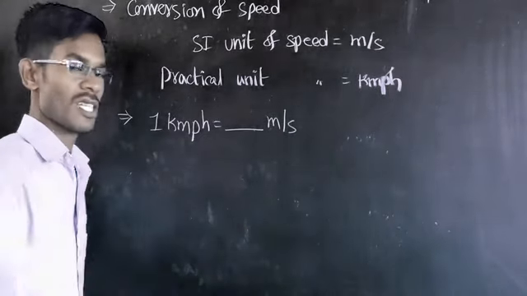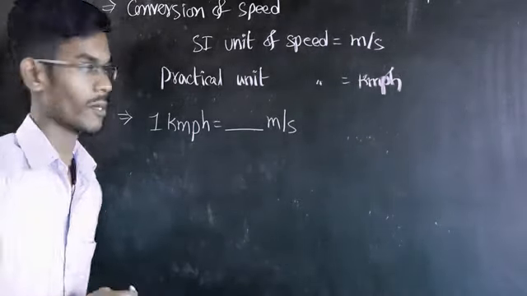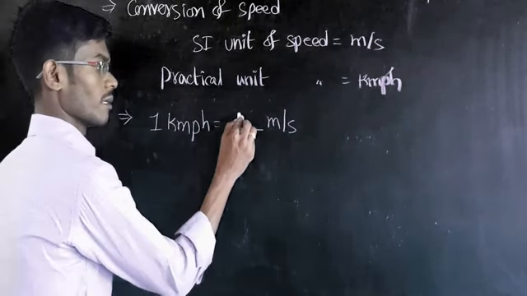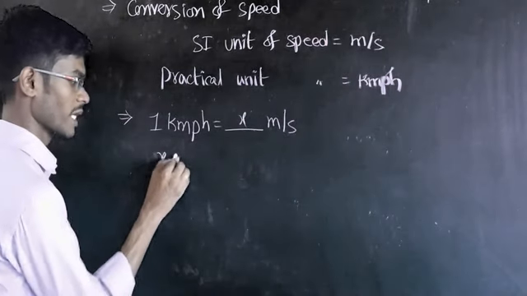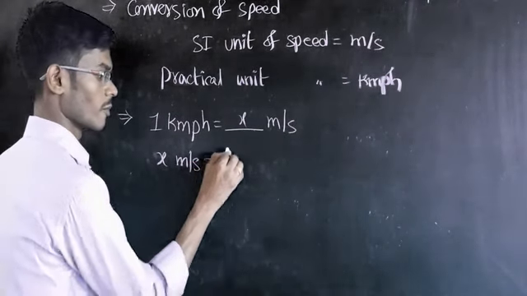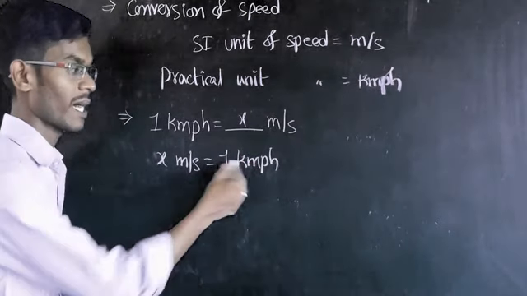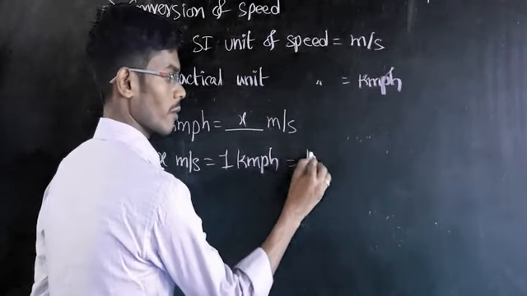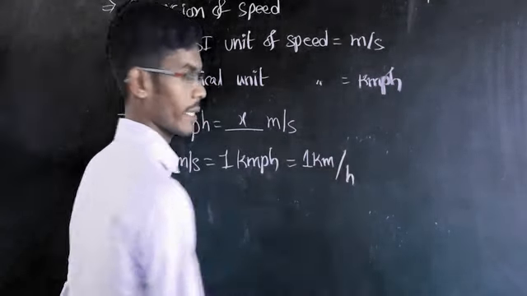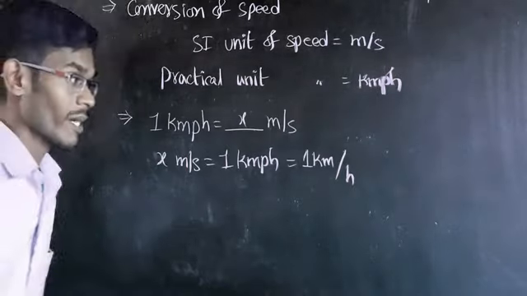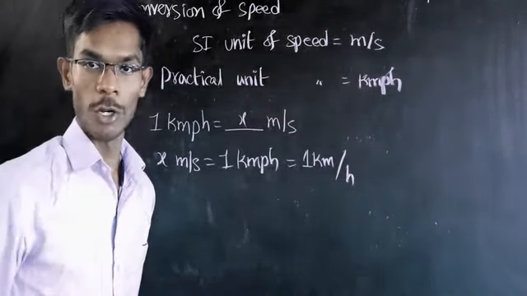In the previous process, what we have done is consider the unknown value as x. So if you consider x, then x meter per second is equal to 1 kilometer per hour. Per hour means for each hour the object is covering a distance of 1 kilometer.